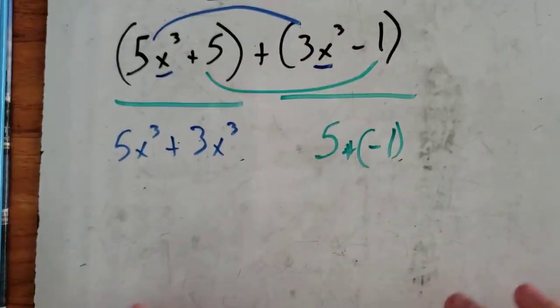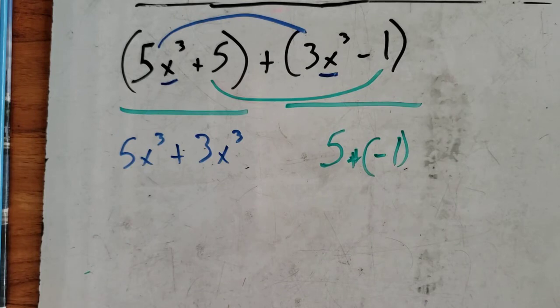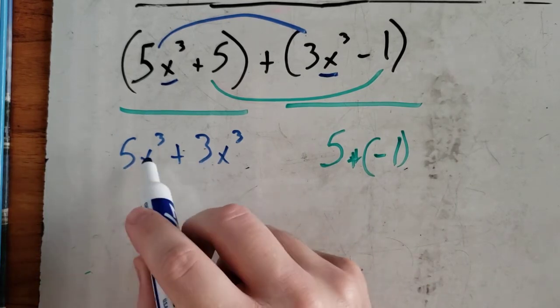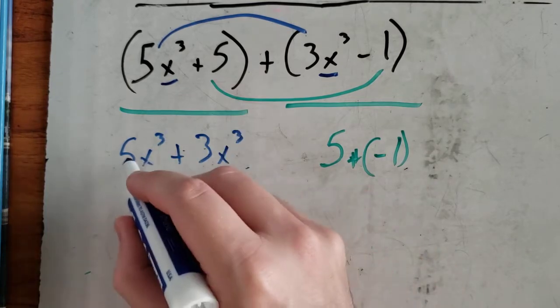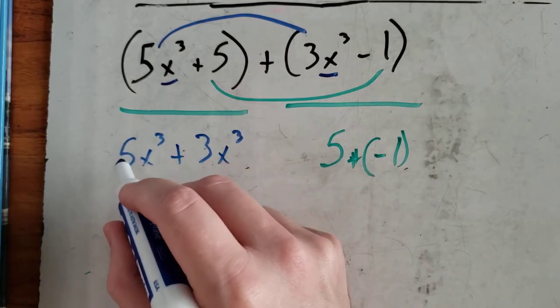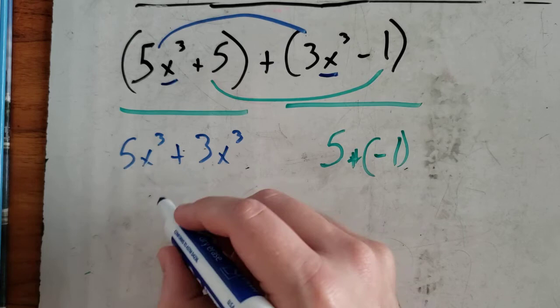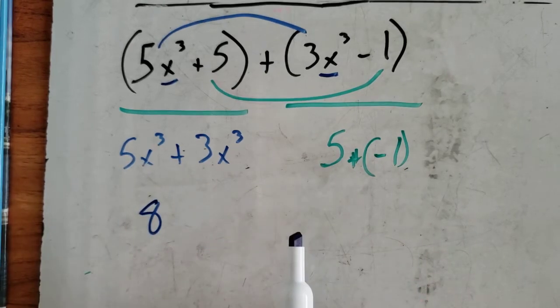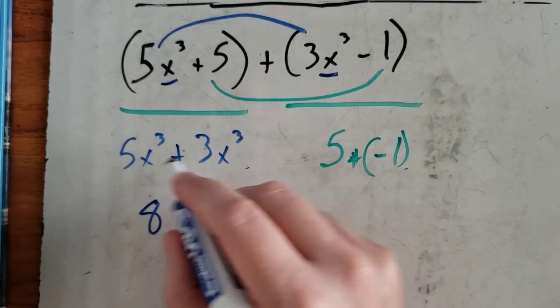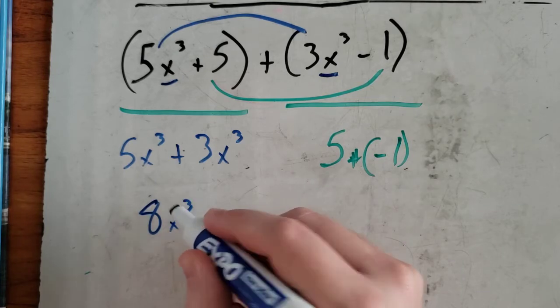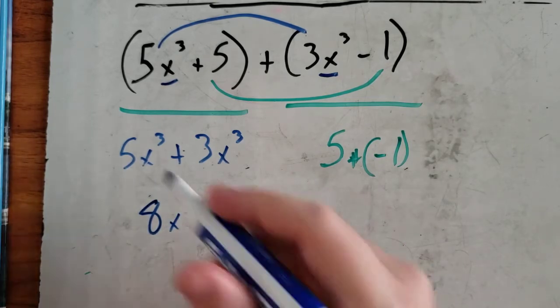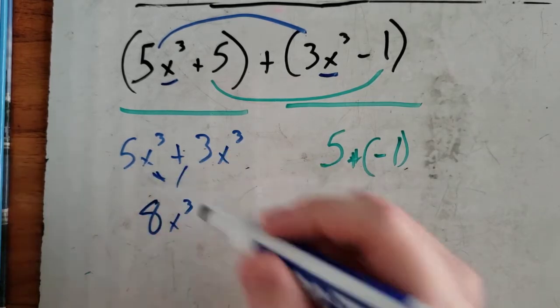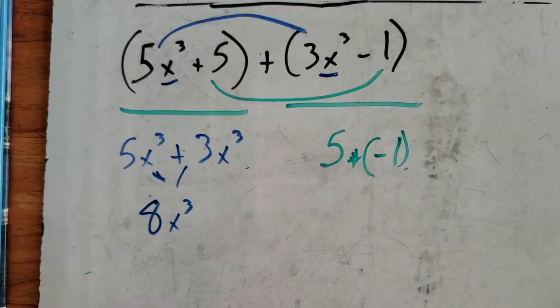Now when we do the math, remember you're only adding your numbers. They have a like term here, so you keep that the same and add the big numbers. 5 plus 3 is 8, and your term here stays the same. Same with this one here.